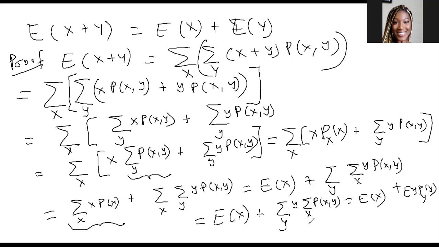That is this part of it. Py of y is the marginal distribution of y because the sum runs over x for a fixed y. So that is why this equals E of x plus E of y.